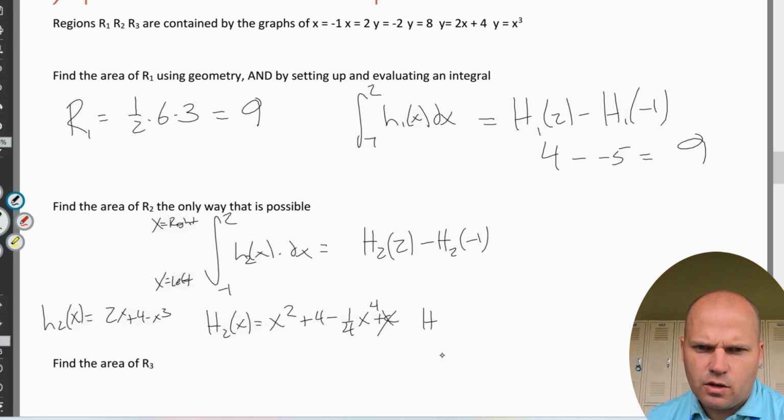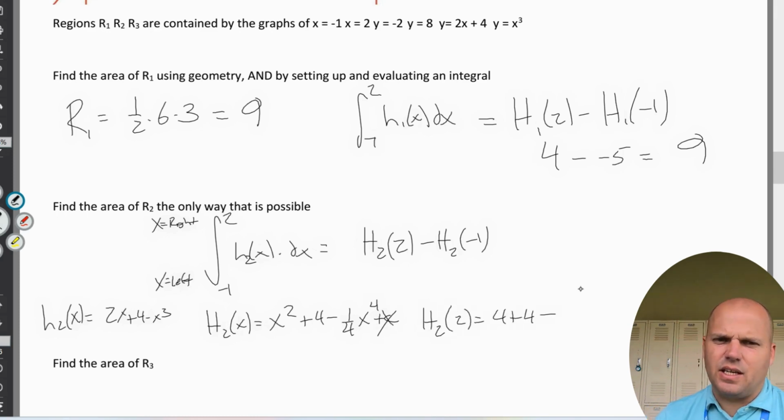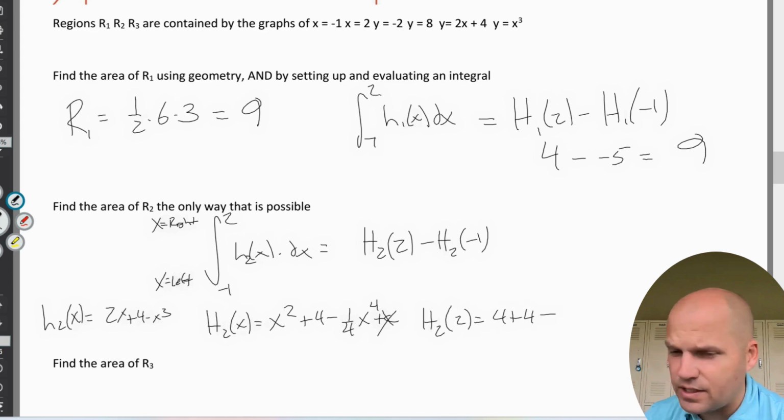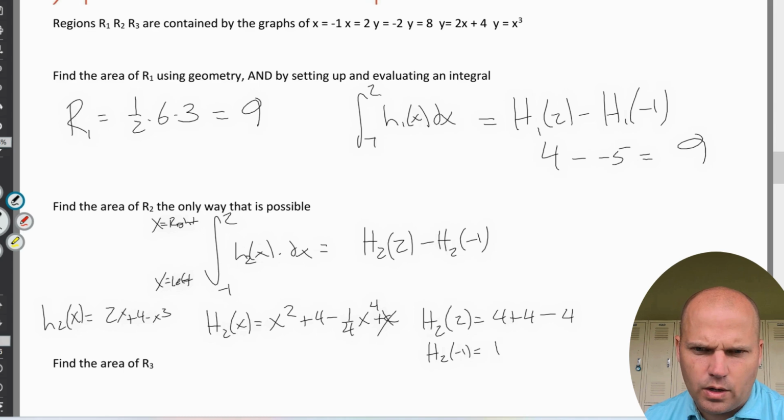There's a plus c, it'll go away. I get 4 plus 4 minus 4. 2, 4, 8, 16 divided by 4 is 4. Cool, so that's 4. And then super h2 of negative 1 will be 1 plus 4 minus a fourth.